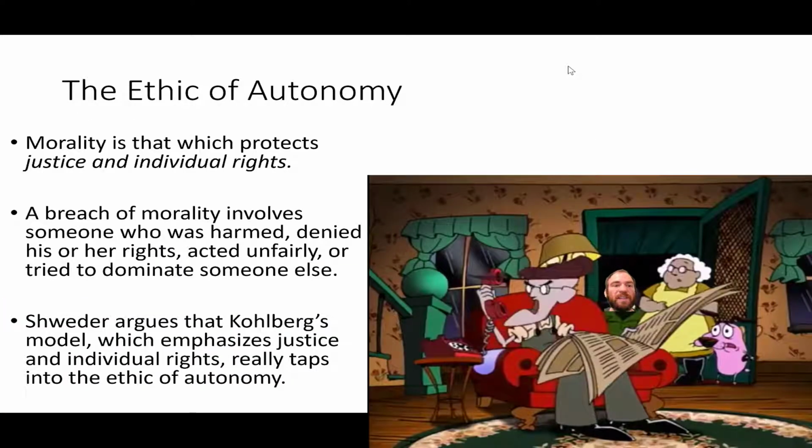So beginning with the ethic of autonomy, the ethic of autonomy focuses on individual freedom and rights, especially choice and individual liberty. The ethic is related to Kohlberg's model of moral reasoning, which at the highest level of moral reasoning upholds justice and individuality.